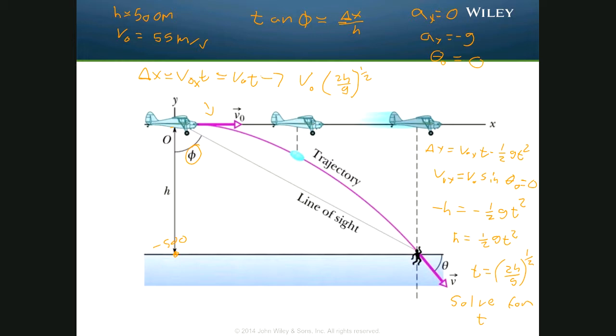This will equal delta x. And once we have delta x, we have a number here, and now we can plug this delta x back into our top equation and solve for phi, by taking the arctangent.